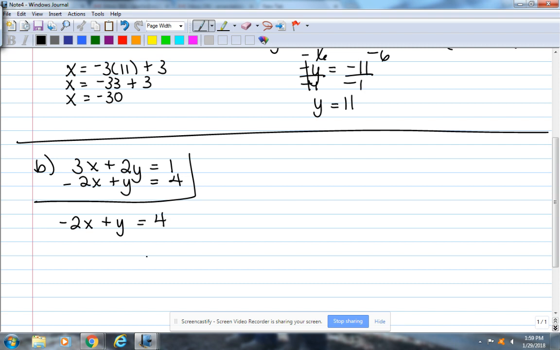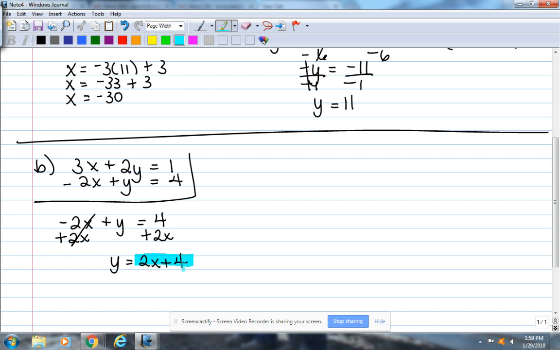So how do we get that y by itself? Think again. We're going to add 2x. So y equals 2x plus 4.